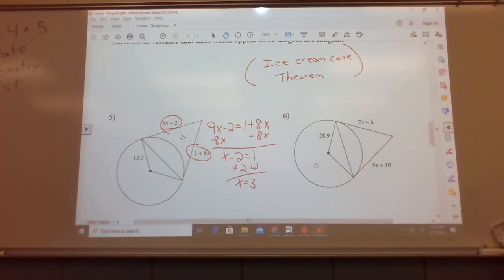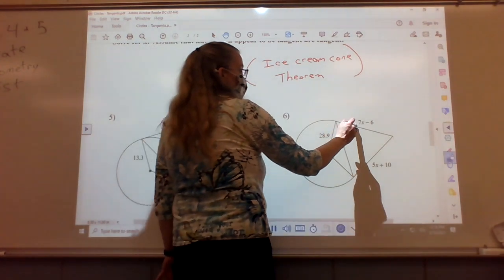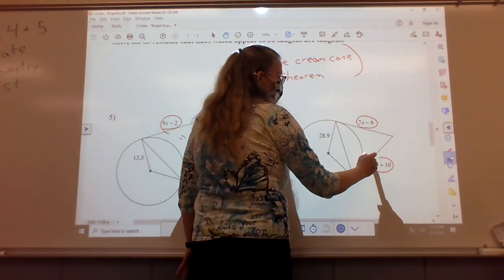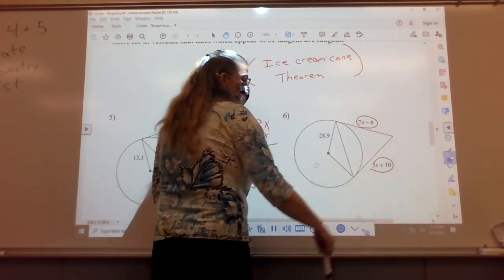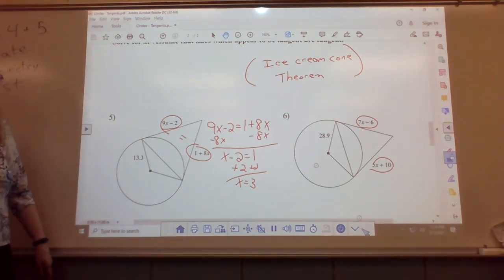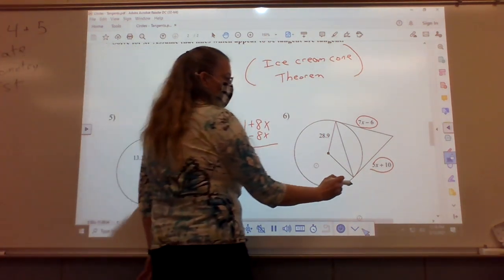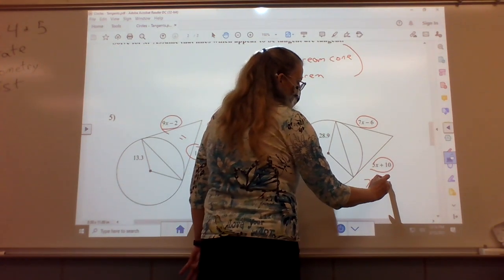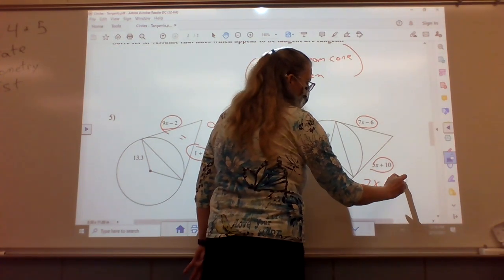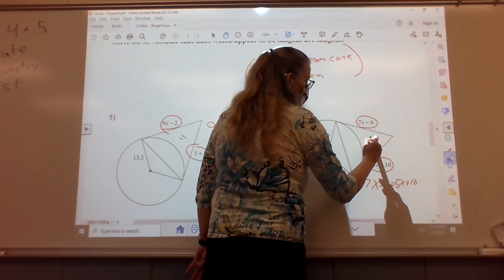You're going to do the same thing on number 6. Set the two sides equal, because you want to make sure your cone is balanced. If it's not balanced, your ice cream is going to fall on the floor. We don't want to waste good ice cream. So 7x minus 6 equals 5x plus 10. Set them equal.